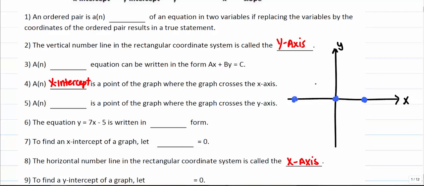And the thing about these points, guys, is that whatever the x value is, the x value is, but they all are going to have a y value of 0. So, for example, if I just looked at this point right here, I don't know how far over I go in the x direction, but I can tell you that I don't go up or down at all. So to find an x-intercept of a graph, you're going to let y equal 0.